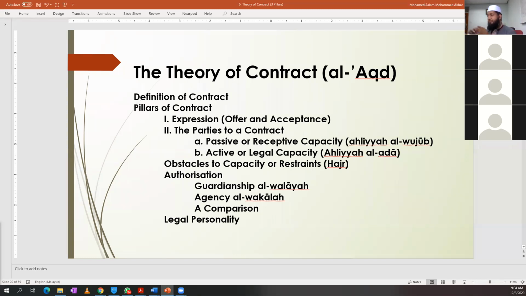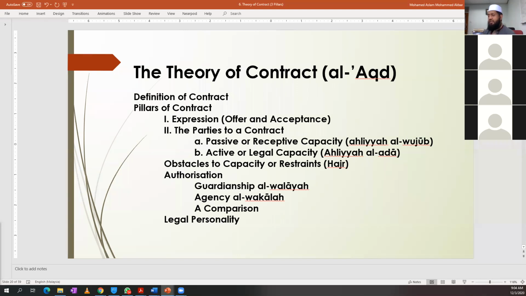There are, basically speaking, two types of them. All right, one is passive receptive capacity. We call it capacity, meaning to say in Arabic ahliya. Ahliya means capacity. All right, so now you should have the capacity, then only you can start doing transaction.